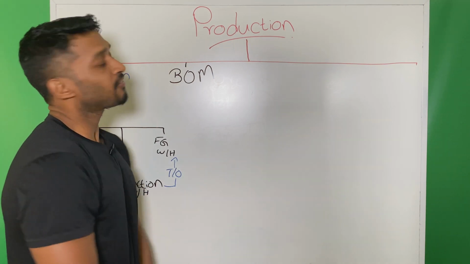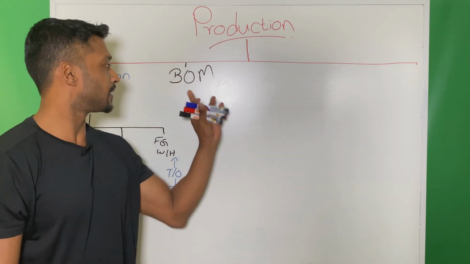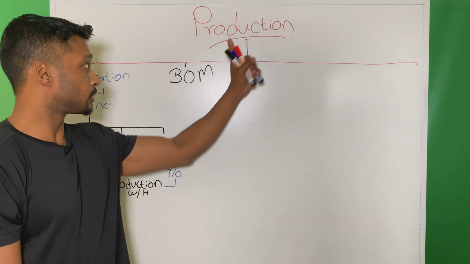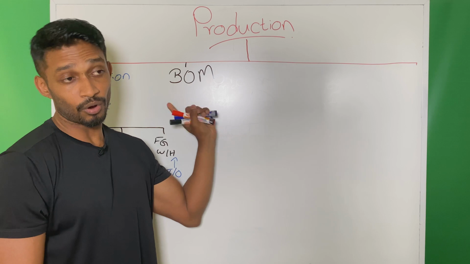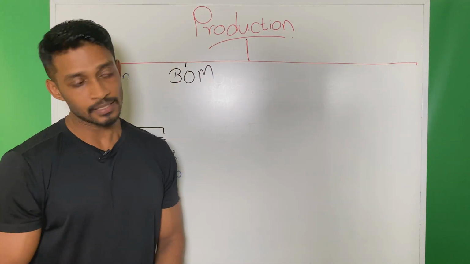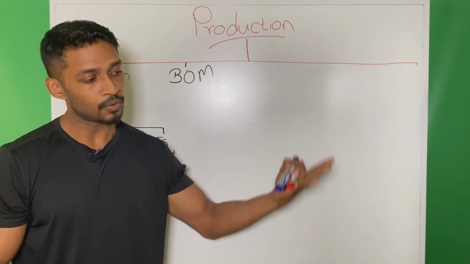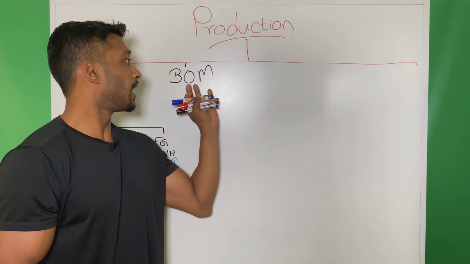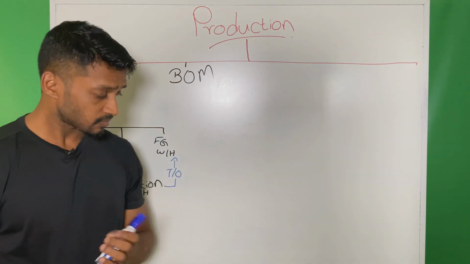Within one to two seconds you get these three letters in your mind, because the production process is always based on the BOM, the bill of material. The BOM means the items and quantities needed for a production process.